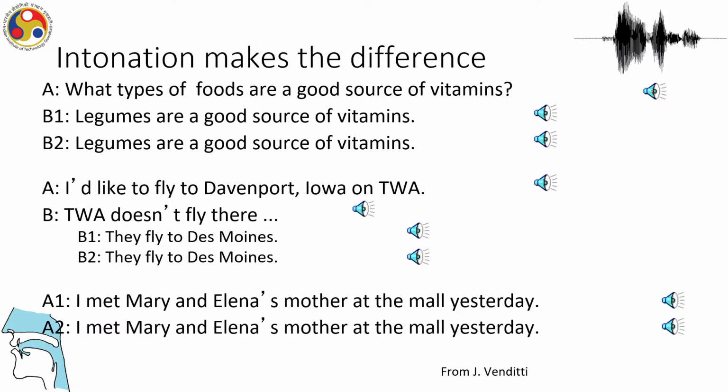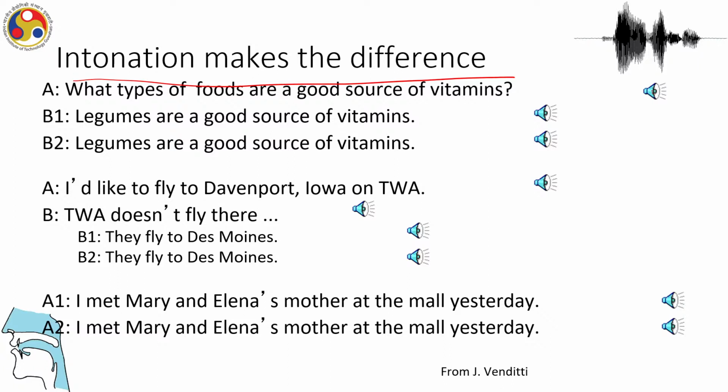Now I'll wrap up my lecture today with how intonation makes a difference. I have skipped a major part of phonology, and now I'm talking about intonation because that's the last part of this course on phonetics and phonology, a broad overview.